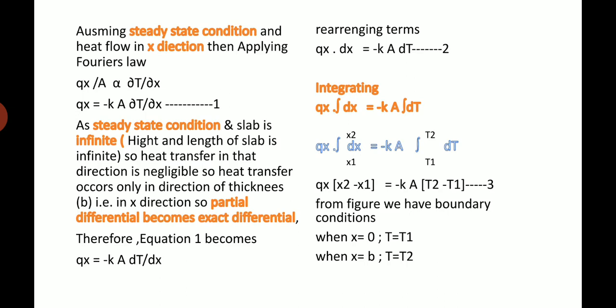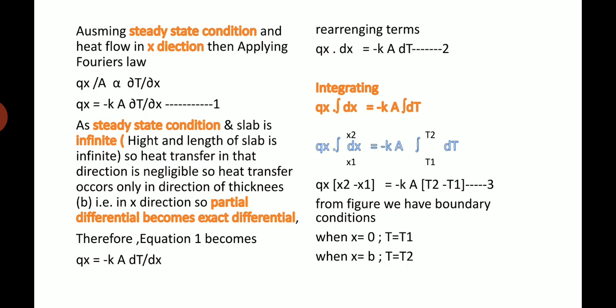Now that partial differential dT by dx can be converted into an exact differentiation, since it is a steady state condition and the slab is infinite. What is meant by steady state condition? When we calculate thermodynamic or heat transfer problems, we need the steady state condition. Steady state means the rate of heat flow is not with respect to time. If the rate of heat flow changes with time, then the calculations become too complicated.